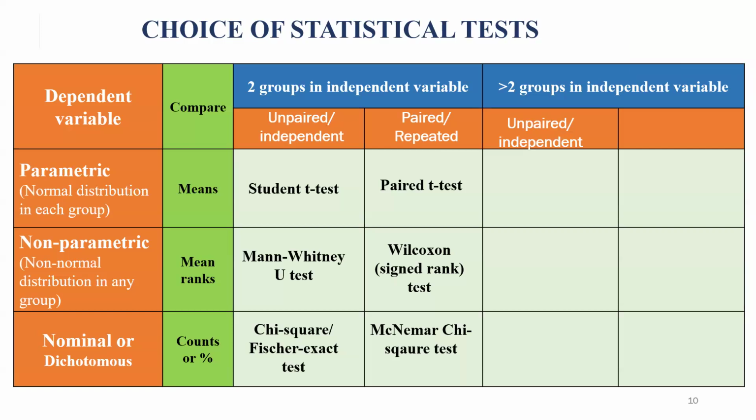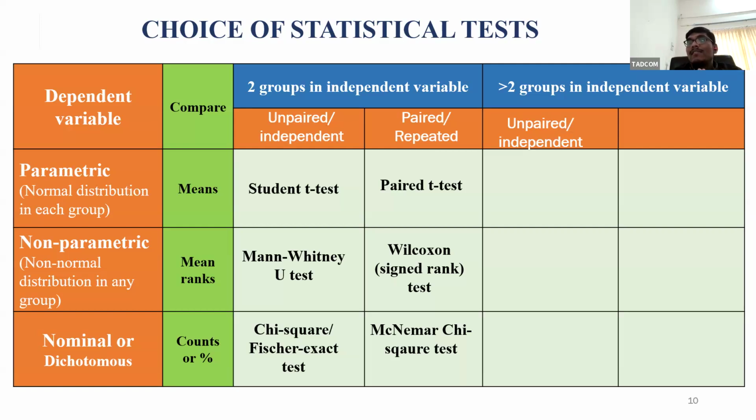Moving further, till now we saw only two groups. Now, if we have more than two groups, say for example three groups in our data set, the three groups are independent, that is the exposure. As I told earlier, normal, obese, overweight, like that we have three categories.